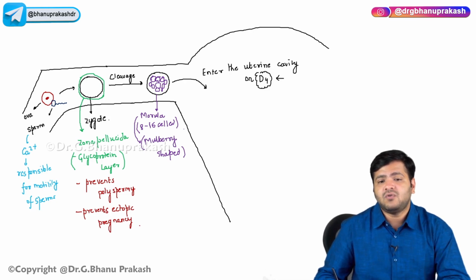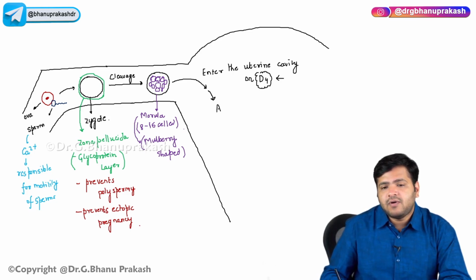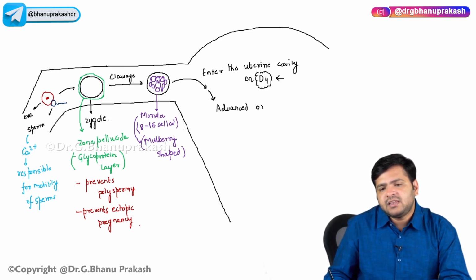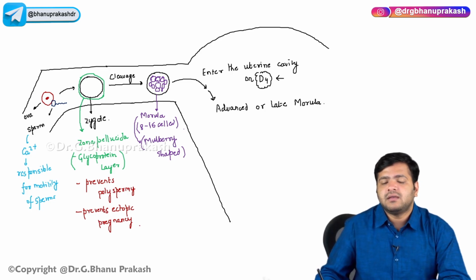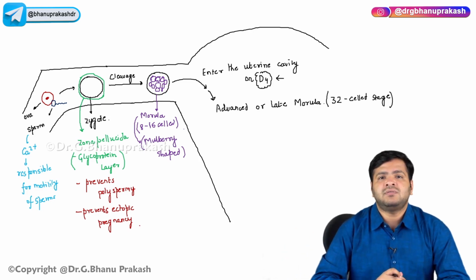On day 4 the morula will enter the uterine cavity, and this morula will now be called the advanced or late morula. Advanced or late morula is the 32 celled stage.